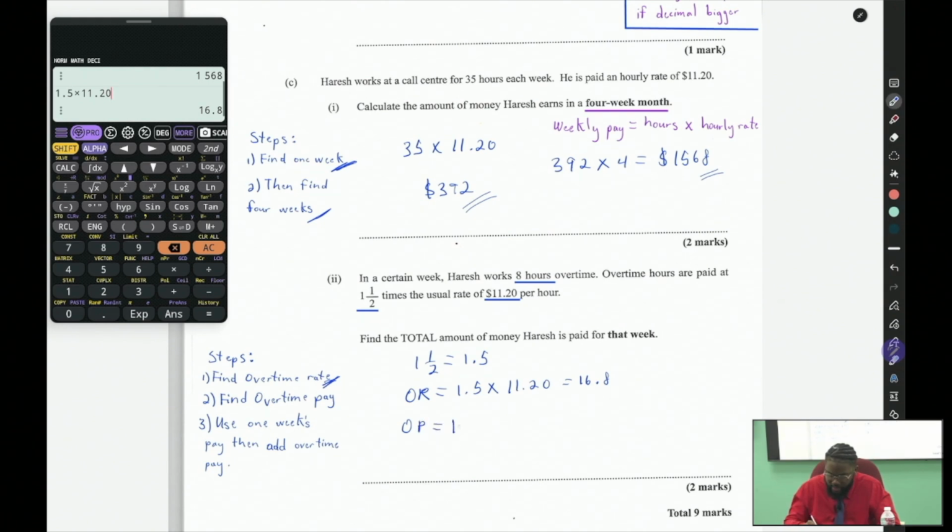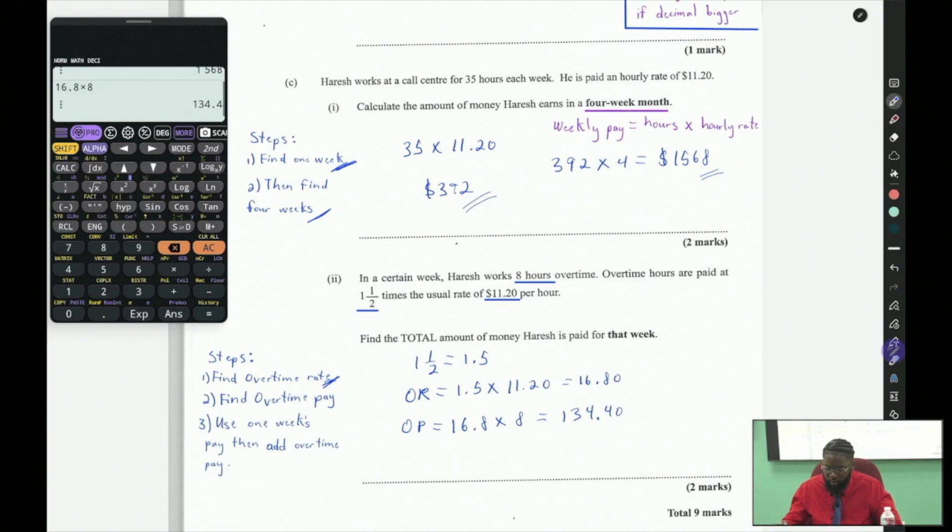So it's going to be 16.8 times 8, since it's 8 hours that he worked for overtime. So let's also put that in our calculator. 16.8 multiplied by 8, which gives us $134.40. All right. So that is overtime pay.